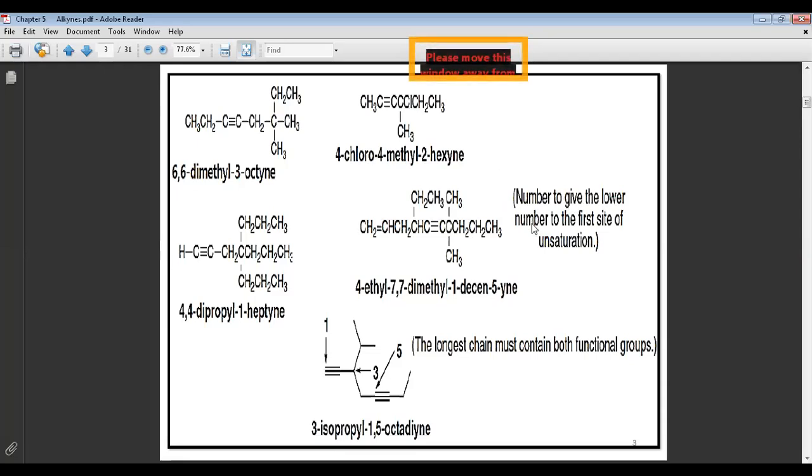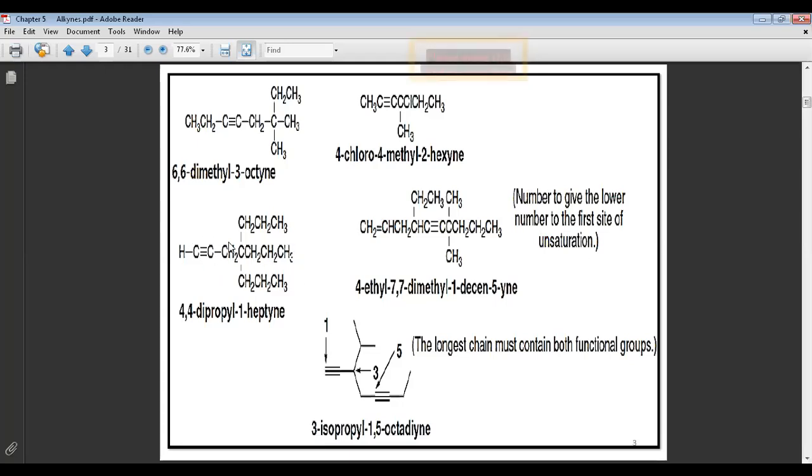Number to give the lower number to the first site of unsaturation. Look at this: here it will be 1, 2, 3, 4, like this, not from that side.